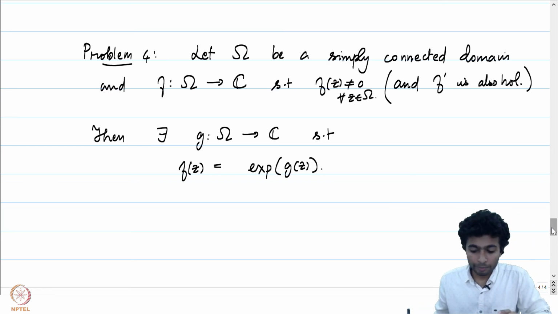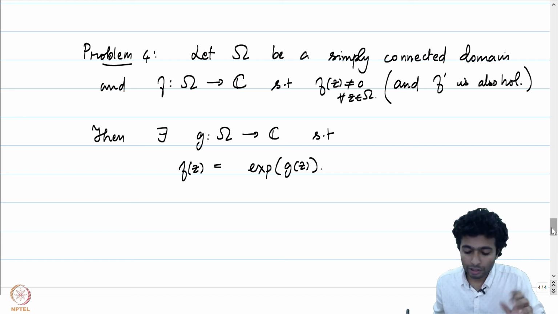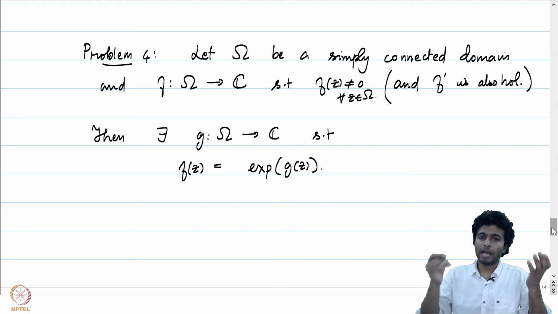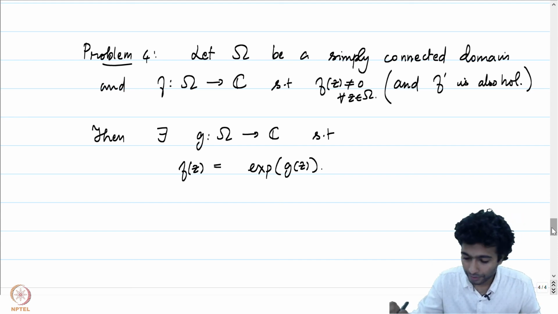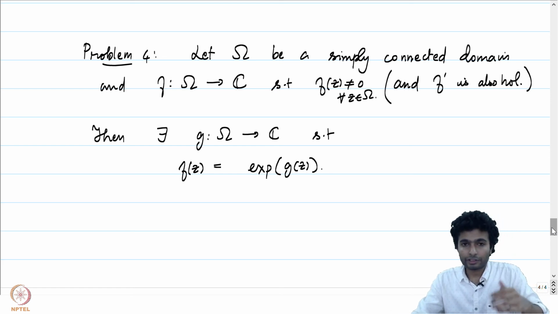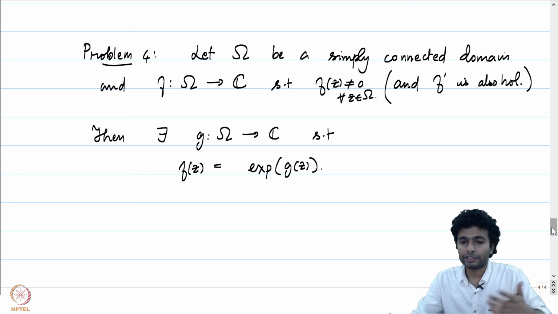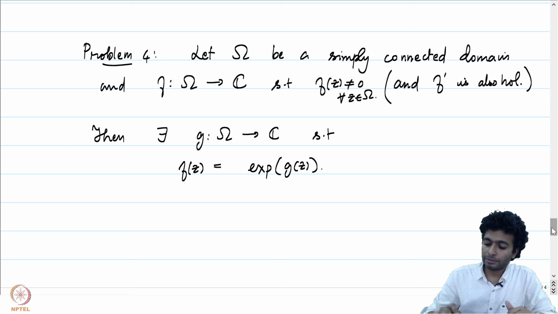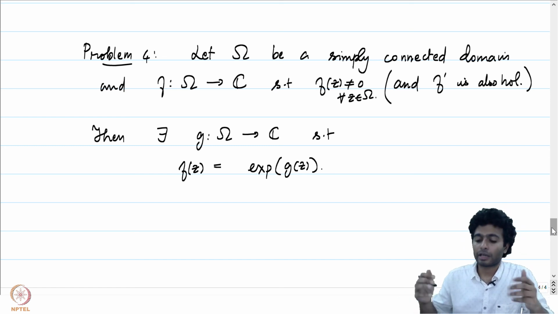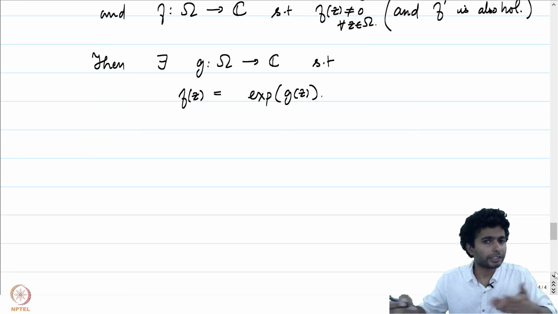Notice that if omega is a simply connected domain which does not contain the origin, and we consider the identity map f of z equal to z, that is a holomorphic function, and the conclusion tells us that we can get hold of a function g which behaves like the logarithm, such that exponential of g of z is equal to z. So this is in some sense the extension of the classical logarithm which is defined on the positive real numbers. Let's give a proof of this.